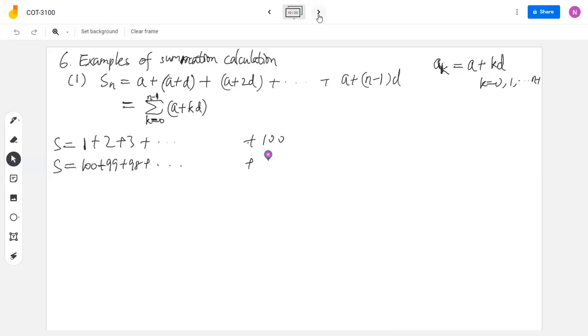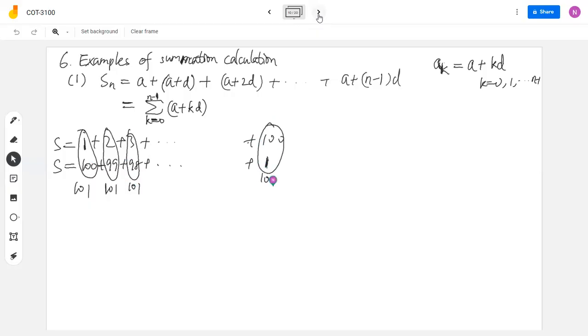Then you look at these two summations. The first term in the first summation plus the first term in the second summation, when you add these two, you get 101. You add these two, you get another 101, and these two, another 101.